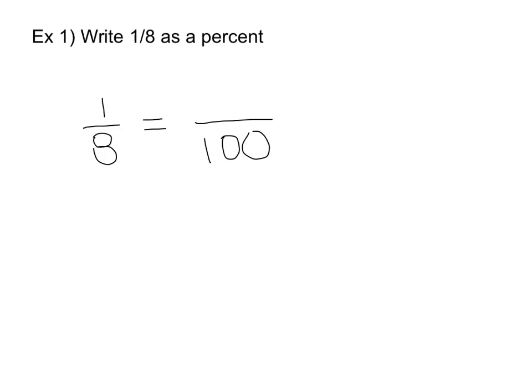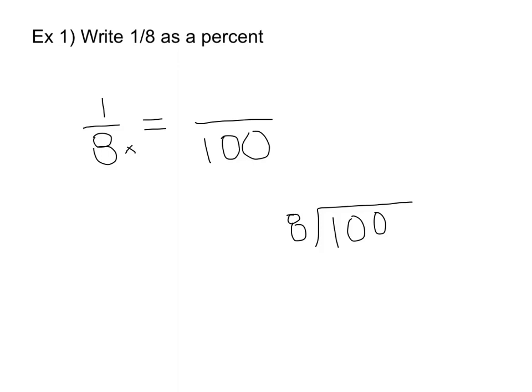So we need to know, what would we have to multiply the 8 by in order to get it to equal 100? Well, remember, your multiplication is the inverse of division. So if we're looking for a number that's going to multiply by 8 to equal 100, then we can just take our 100 and divide that by 8.